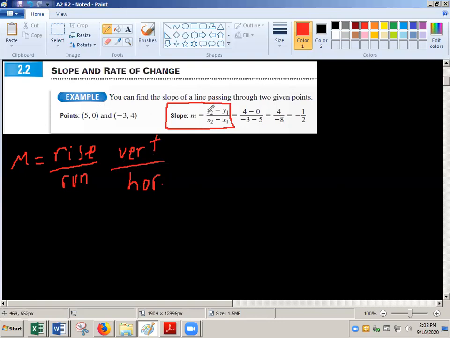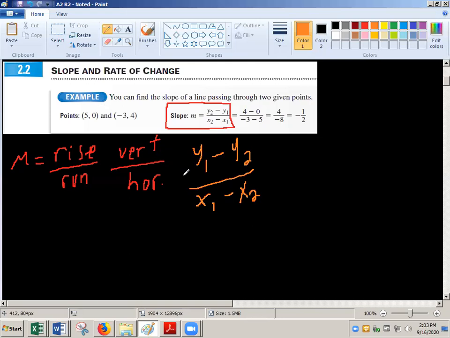Now, it can be written as y2 minus y1 over x2 minus x1. It can also be written as y1 minus y2 over x1 minus x2. It will give us the exact same answer. We'll basically just have a positive result in one, and in the other it'll be negative over negative, so it'll end up canceling off.